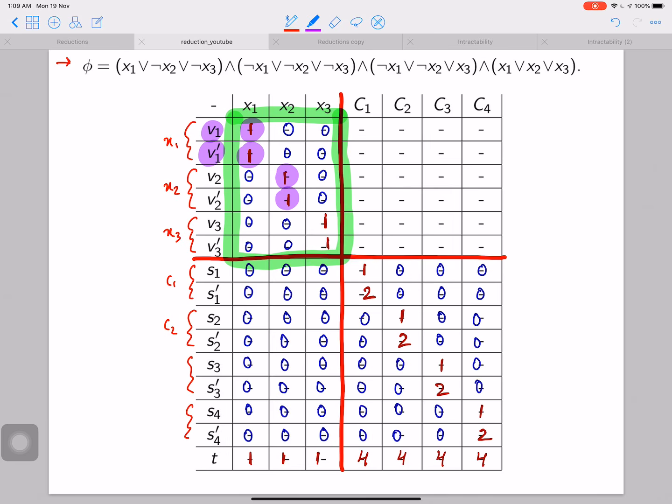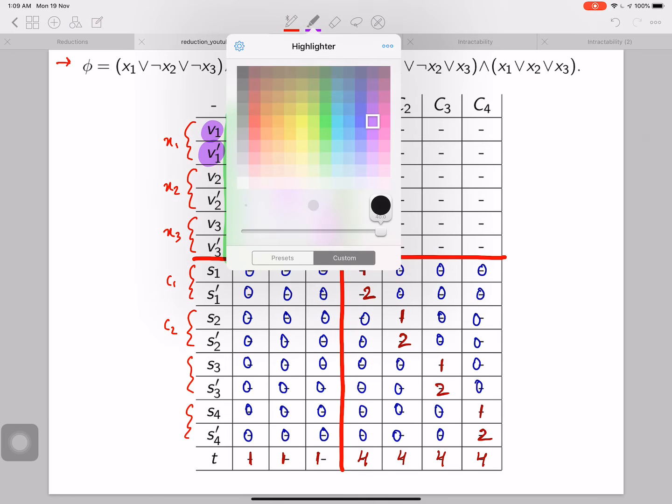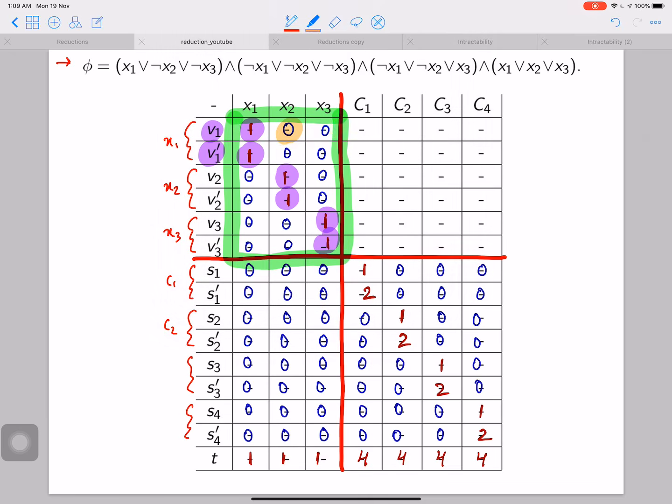And similarly, v3 represents x3 being true, and v3 dash represents x3 being false. You would notice that I put everything else as 0. Everything else is 0, even everything here is 0.